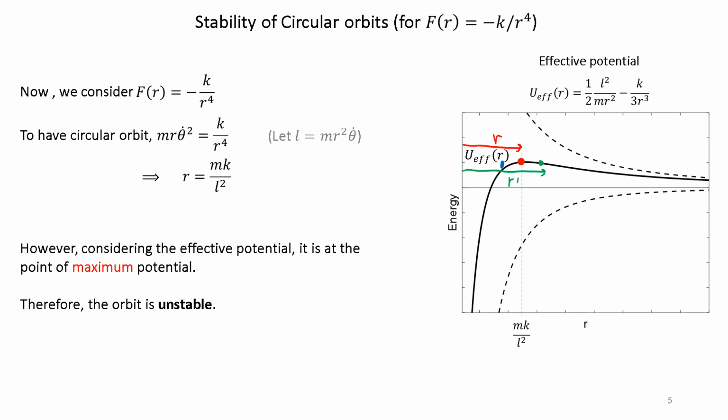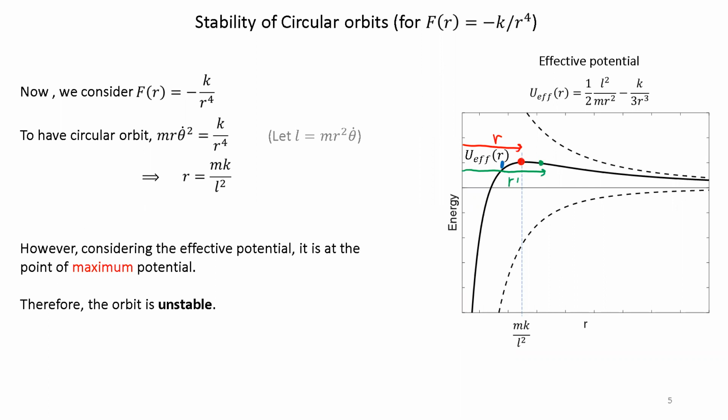So can we try to consider something even more general? What about 1 over r to the power 10, or 11, 12, and so on? Can we have a general conclusion?